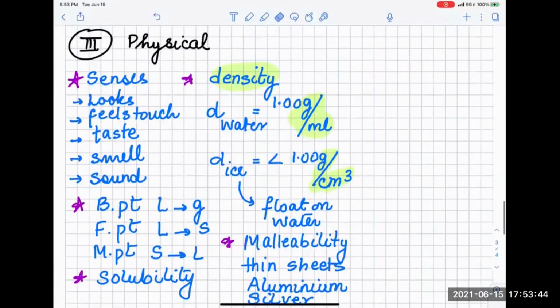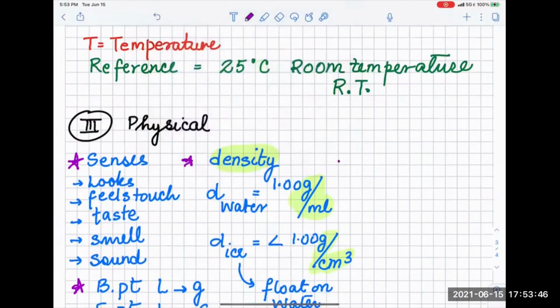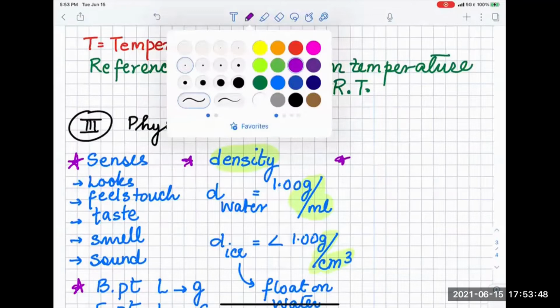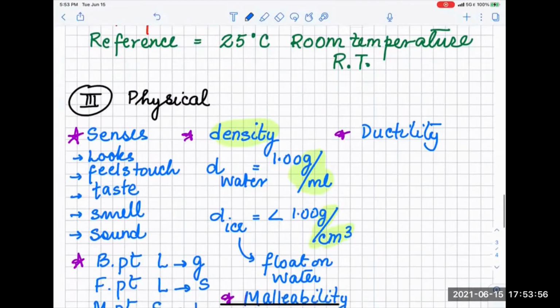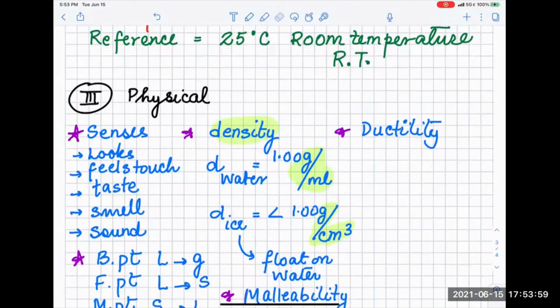Next comes ductility. Now, what is ductility? Can you make the substance into what? Wires, or coppers? Wires, very good. So ductility is, can you stretch them?